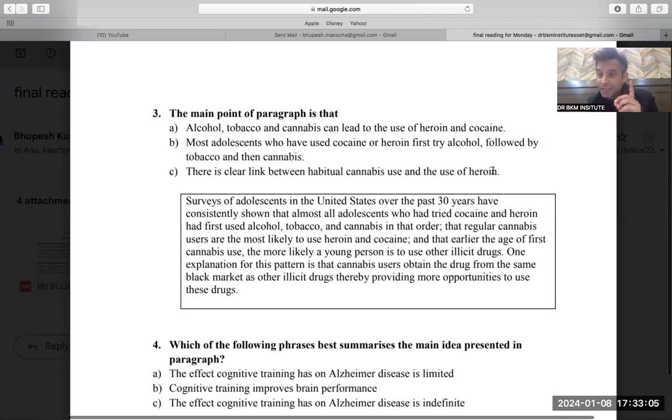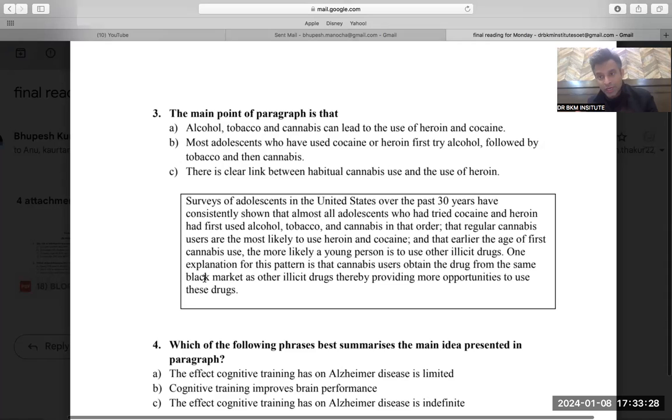Yes, there is a clear link between cannabis use and heroin use. The link is the common market, the black market. So this link is the explanation why cannabis users will use heroin.